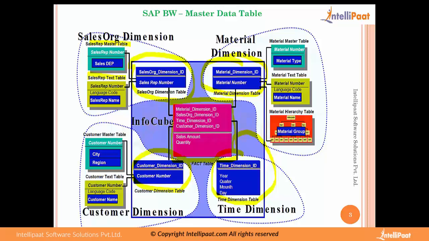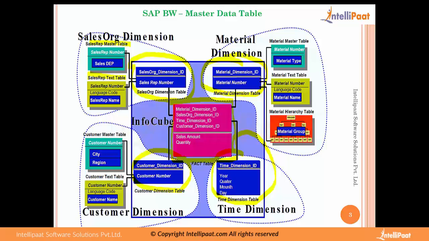Generally, the master table will have attributes, and somehow we may have some hierarchies, whereas the text table will hold only information like the sales representative number, or text details like which region he is working in and what his designation is. So it's an extension of your dimension table, which will be maintained in a very common manner.